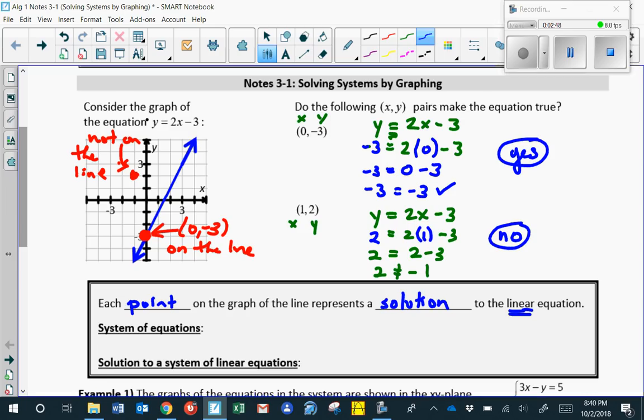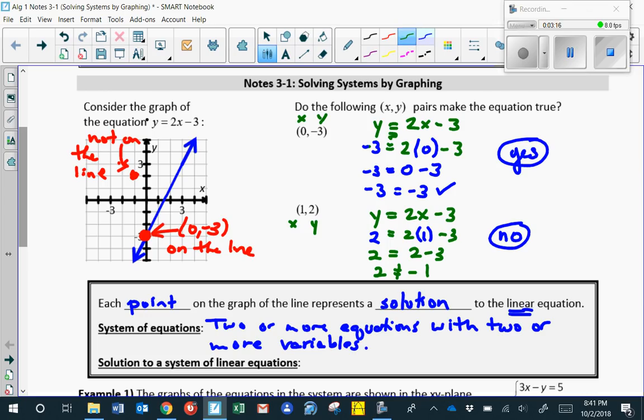A system of equations is two or more equations with two or more variables in them.